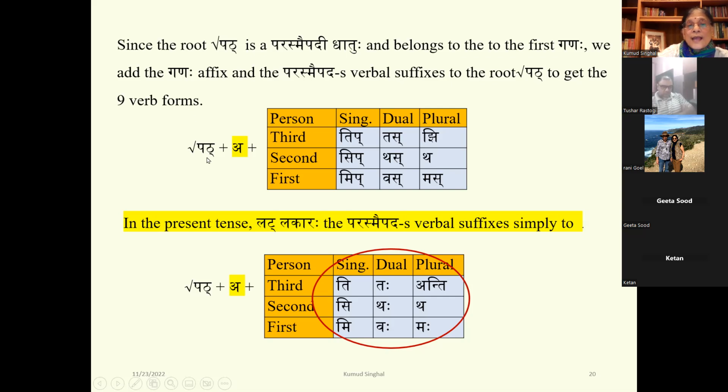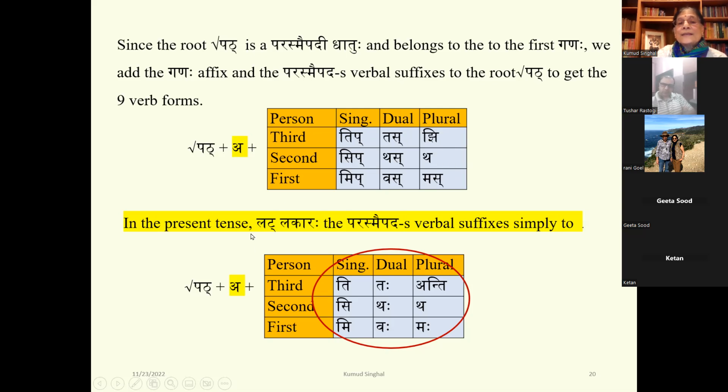So you take the dhatu pat, you add the group affix a, and you add the suffixes of the parasmaipada: tip, tas, jhi, and so on. So this is your flow chart. Now, the good news is that in the present tense, these suffixes simplify.